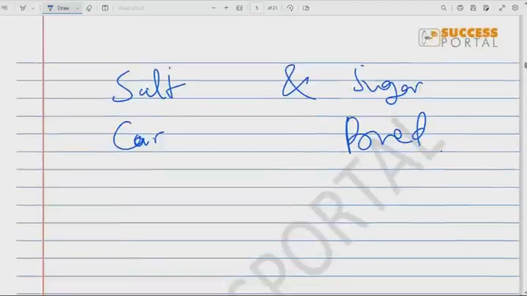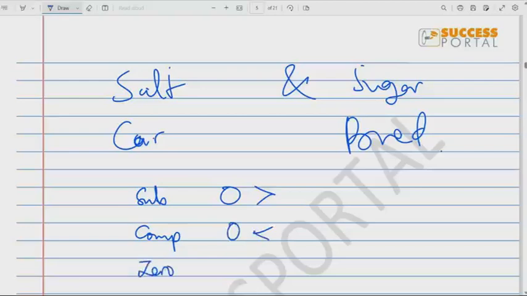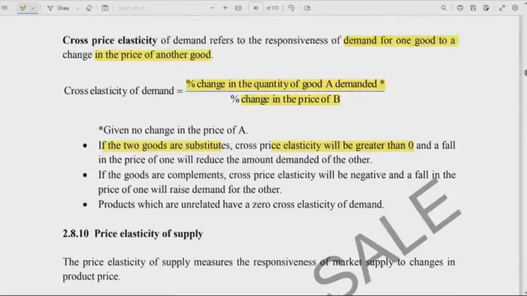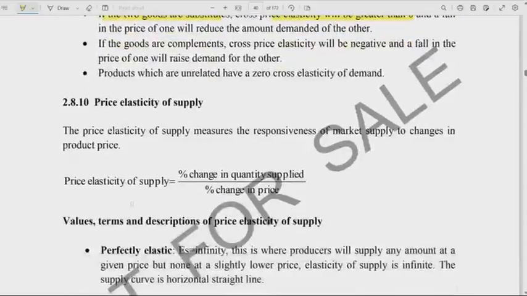So we have seen kuna kuti for substitutes it's positive, greater than 0. For complements it is less than 0. For goods that have no relation, right, then it is equal to 0. That's to do with the cross price elasticity of demand.